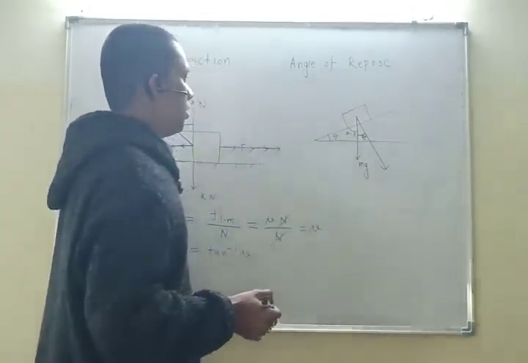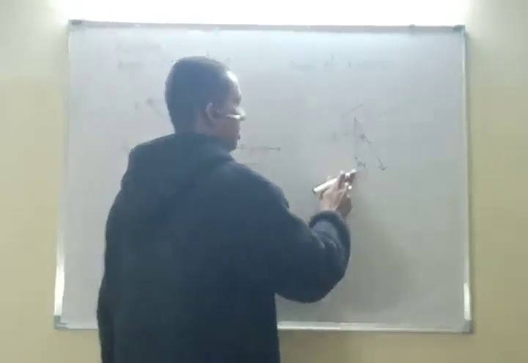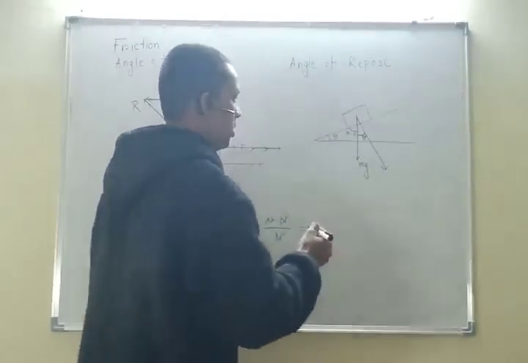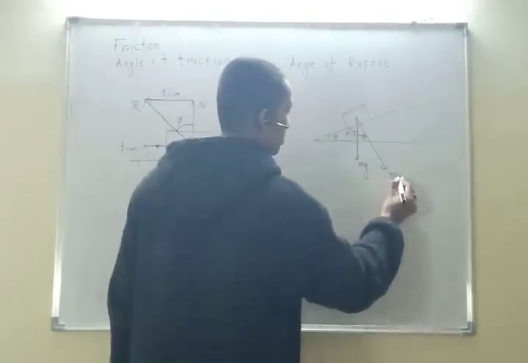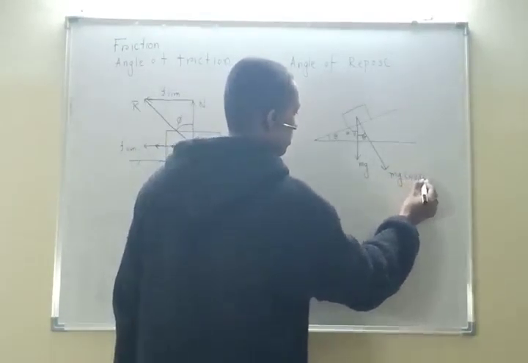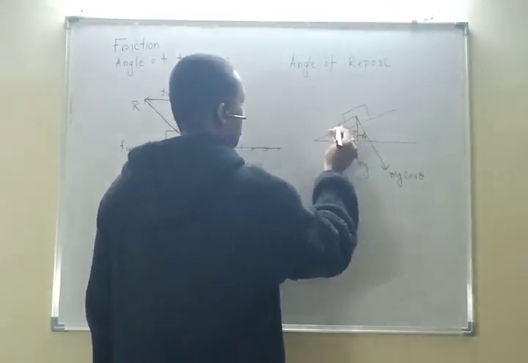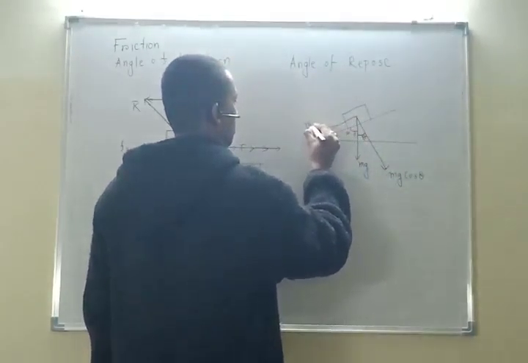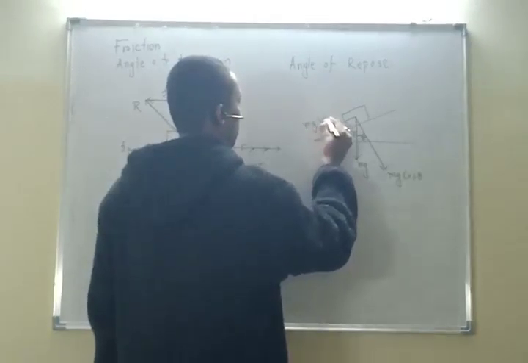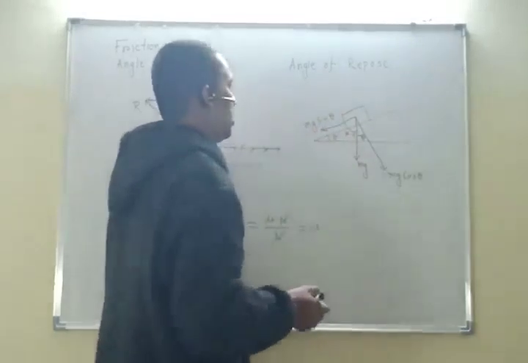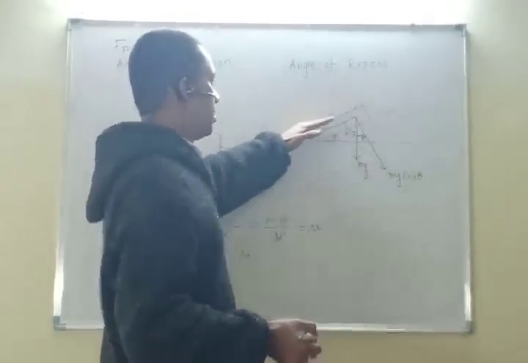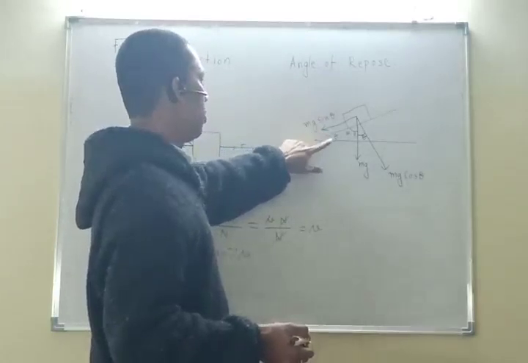If this is theta, then we can say that mg will have two components: one in this direction, mg cos theta, and one in this direction, mg sin theta.